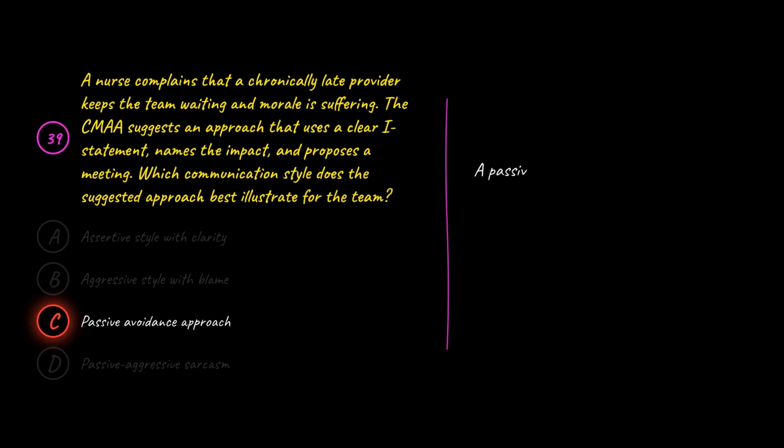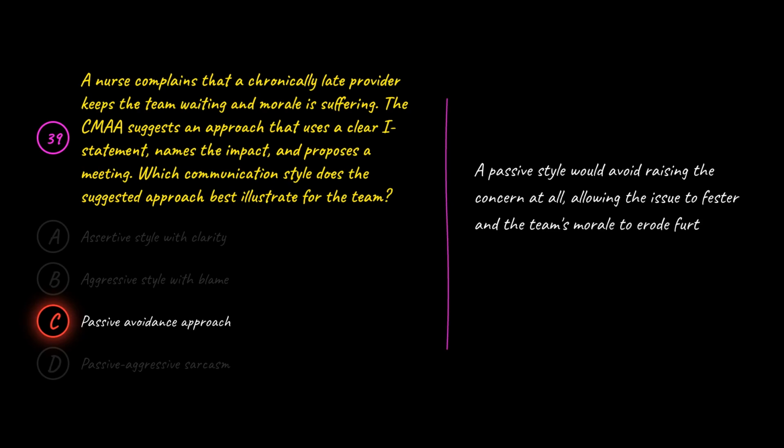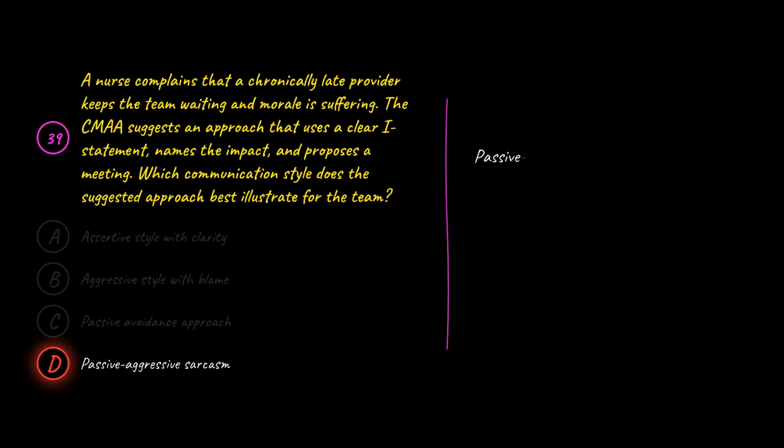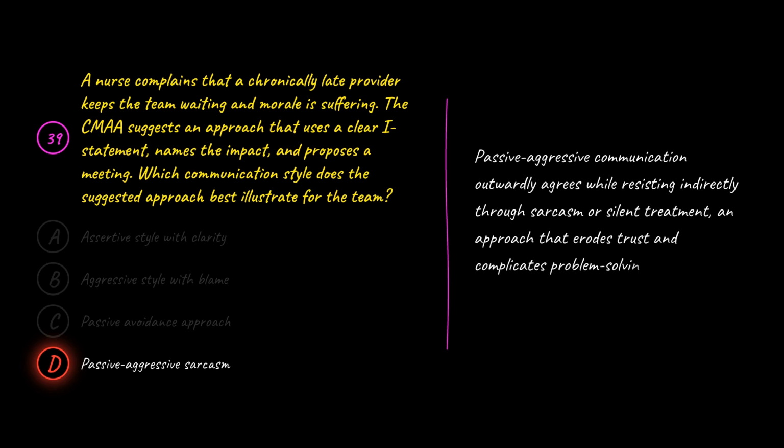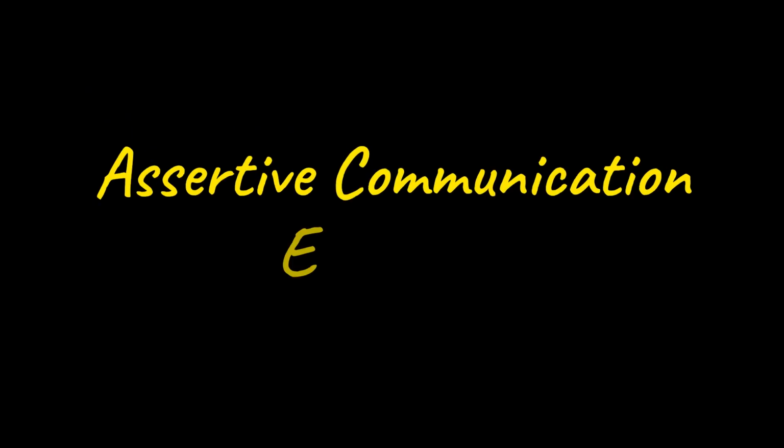C is wrong because a passive style would avoid raising the concern at all, allowing the issue to fester and the team's morale to erode further, which fails to protect either the staff or the patients. D is wrong because passive-aggressive communication outwardly agrees while resisting indirectly through sarcasm or silent treatment, an approach that erodes trust and complicates problem-solving rather than supporting clear shared improvement.